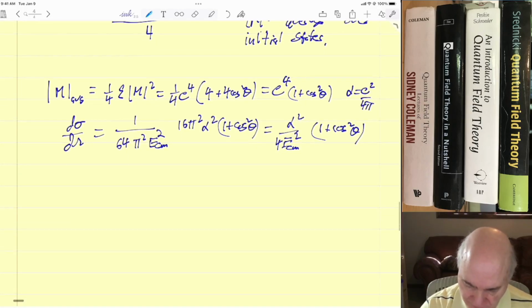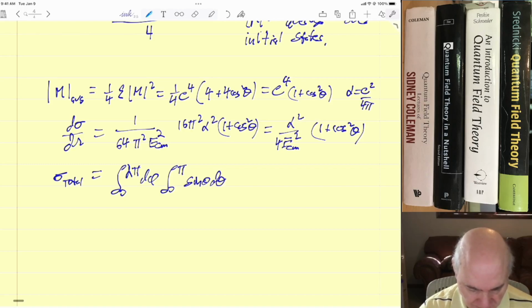And if we want the total cross section, we just integrate over all the angles, 0 to 2 pi of d phi, 0 to pi sine theta d theta of d sigma d omega. And this is equal to 4 pi alpha squared over 3 E CM squared. You can do the integration yourself.